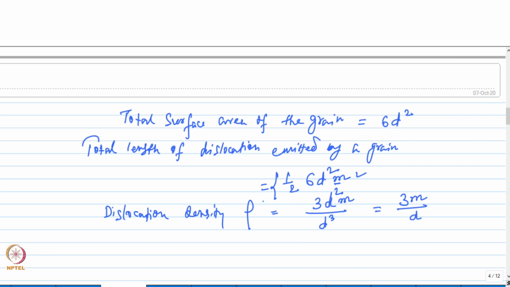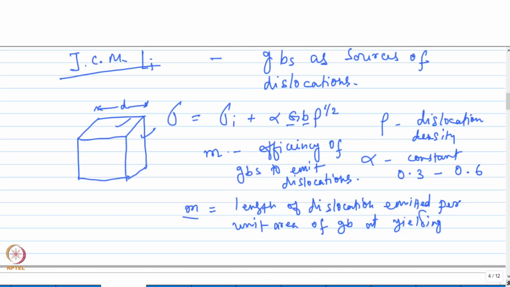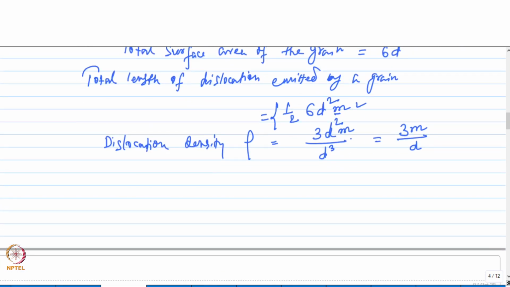Now you replace this rho over here in this particular equation, then you will get to the Hall-Petch relationship.